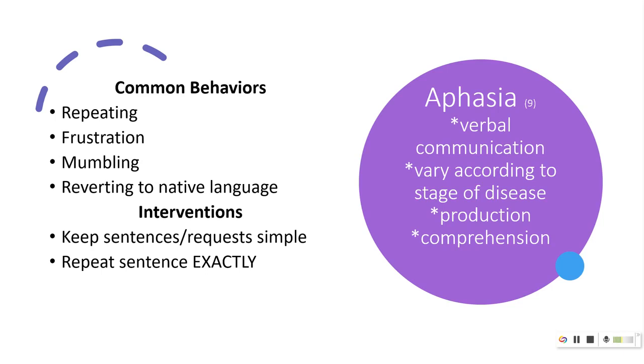So I'll give you an example. I was just trying to check this one gentleman's memory. I asked him where he lived before he moved to the town he was living in. I didn't give him enough time to respond, maybe 20 or 30 seconds. So I asked the question again, where did you live? Because I wanted to repeat the sentence exactly as I had asked the first time.